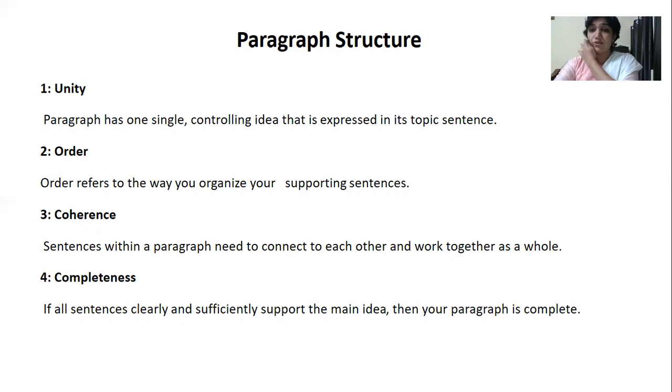Yes, you're continuing with the same idea in the next paragraph. However, try to briefly summarize the main thing or what you have discussed in that whole paragraph, which gives a completeness to your paragraph. Therefore, unity, order, coherence, and completeness give a proper structure to your paragraph writing.